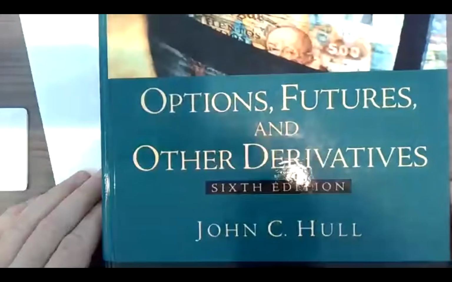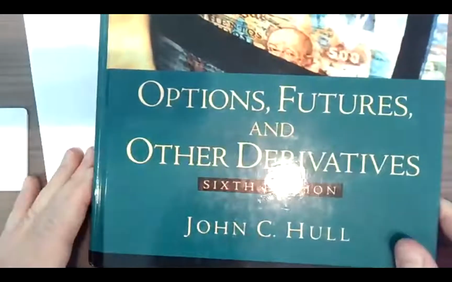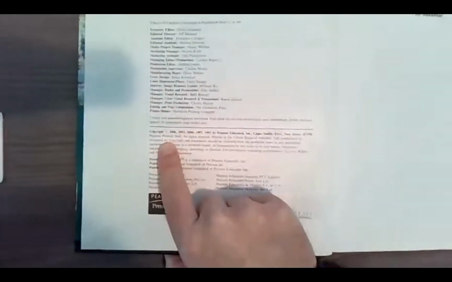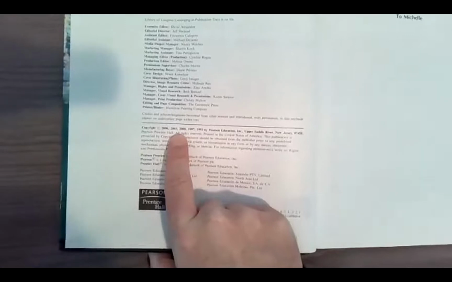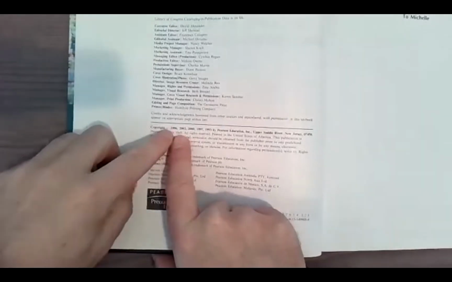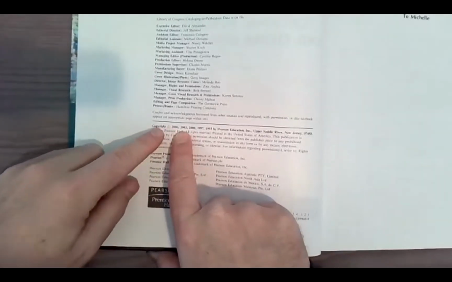I don't know what edition he's up at now, but this one here is a bit old. Let's see how old it is. This edition is from 2006, and you can see they're coming out at a steady pace every few years. So how many more editions has he spit out since 2006?